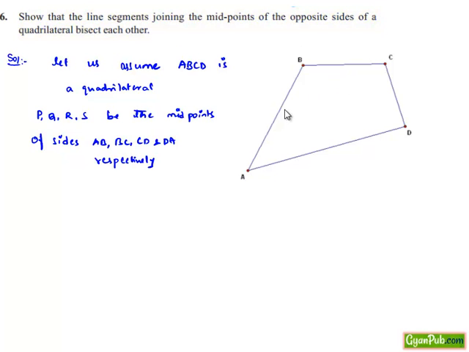Let us note them. Now we are required to prove that line segments joining midpoints of opposite sides bisect each other, that is QS and PR bisect each other.